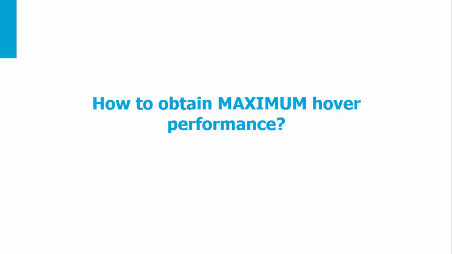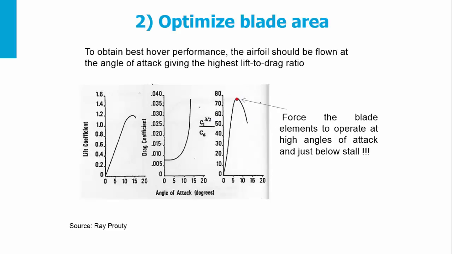How to obtain further maximum hover performance? Another solution is to optimize the blade area. Of course, to obtain best hover performance, the airfoil should be flown at an angle of attack which gives the highest lift-to-drag ratio.